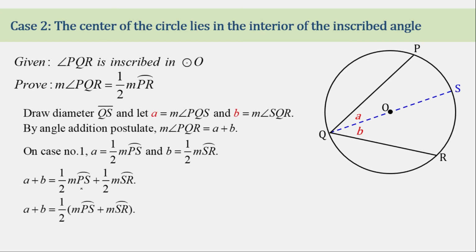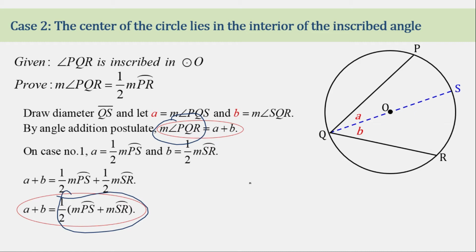Now, if that's the case, let's simplify it. Let's use the common monomial factor and put out 1/2. Then after that, we can say that the measure of PQR is equivalent to A plus B. Since A plus B is equivalent to 1/2 PS plus 1/2 SR, we can just equate this to this because they are equivalent to each other.